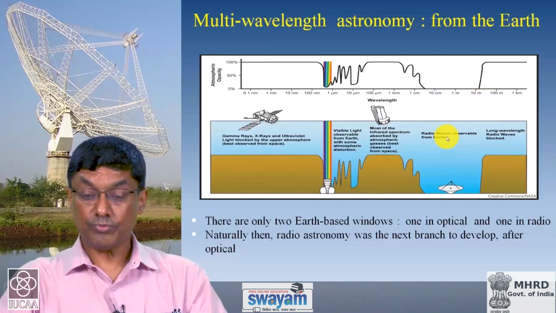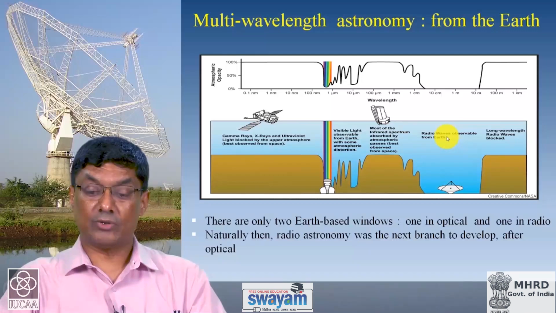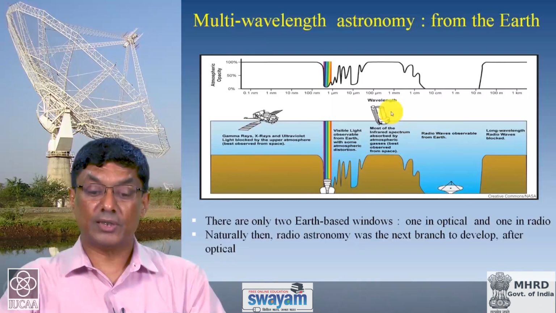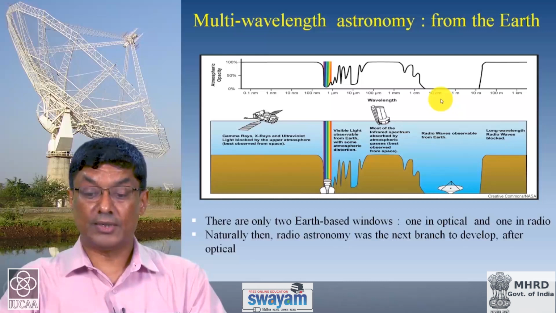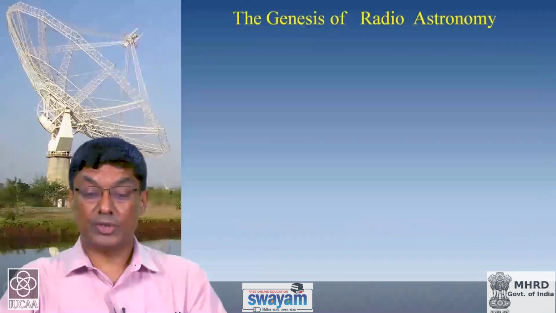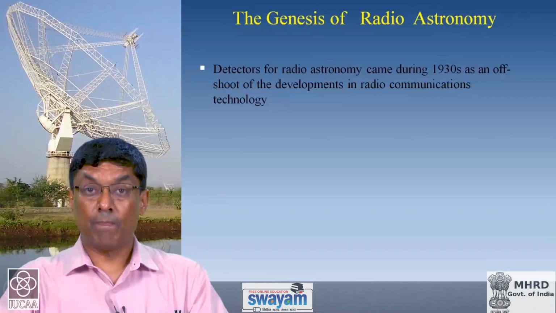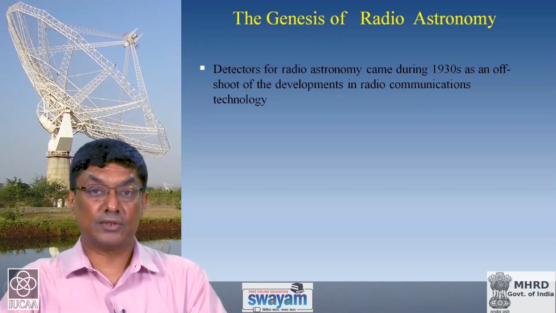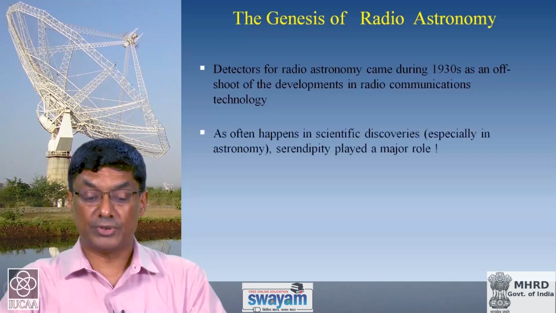And so, it is then natural that radio astronomy was the next branch of astronomy to take birth after optical astronomy, because that was possible to do with earth based telescopes. So, the question then remained about the detectors, and as I said, the detectors for radio astronomy came as an offshoot from the developments in radio communication technology in 1930s, when man learned how to generate and receive long distance transmission of radio waves for communication purposes.